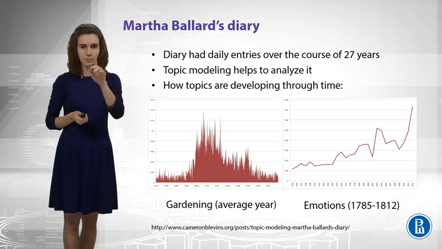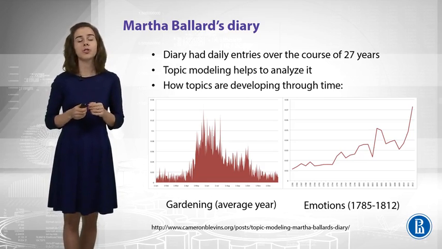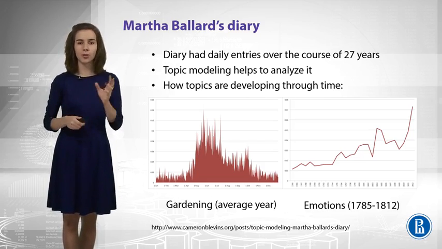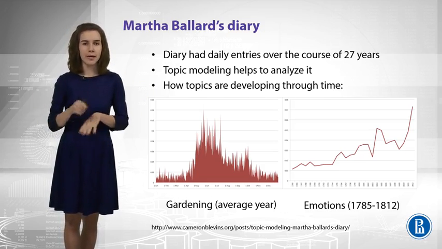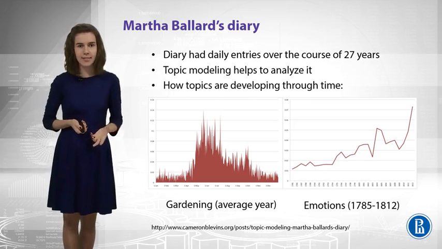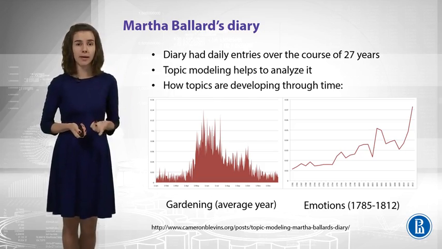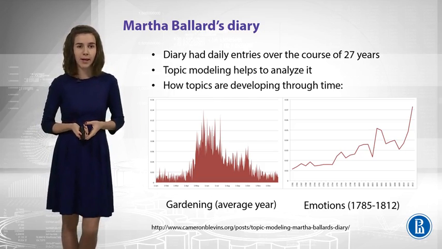For example, one moment of high probability there corresponds to the moment when she got her husband into prison and somebody else died and something else happened. So the historians can say that, okay, this is interpretable. We understand why this topic has high probability there.